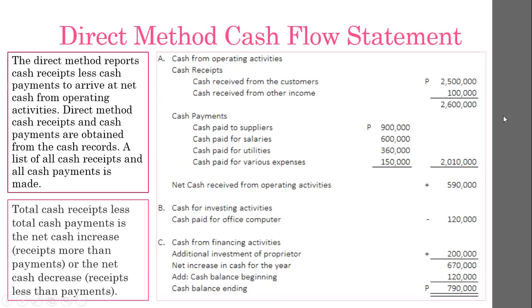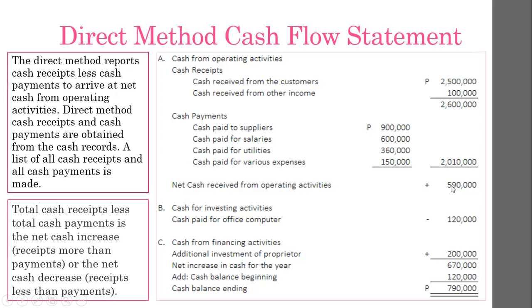So, 2,600,000 less po natin yung total cash payments na 2,010,000. Equal po yan is 590,000. Ito po ay positive, ibig sabihin, nag-increase po ang cash.